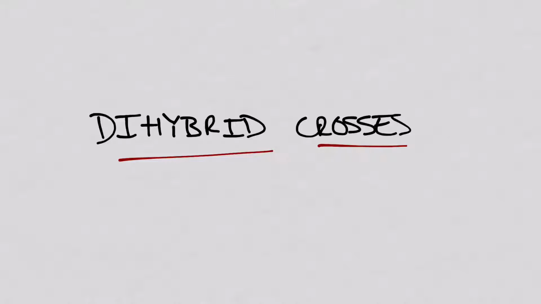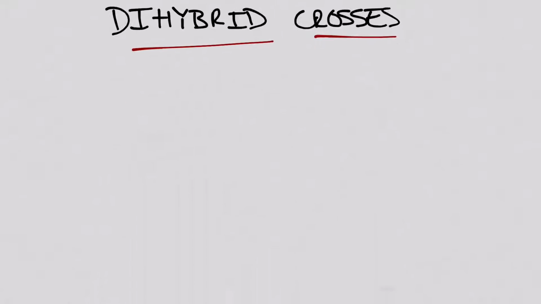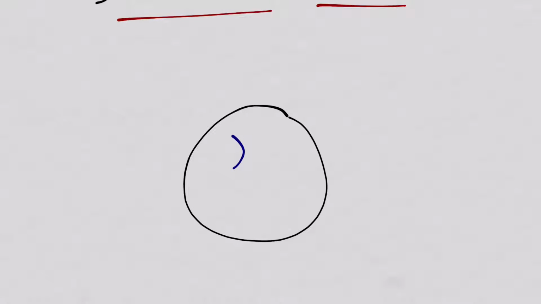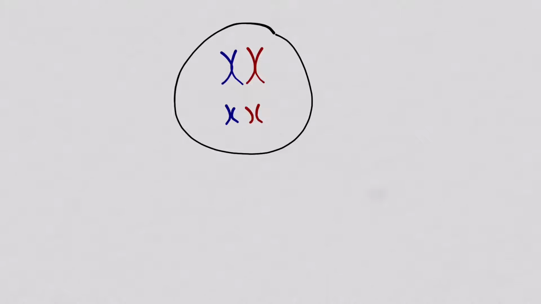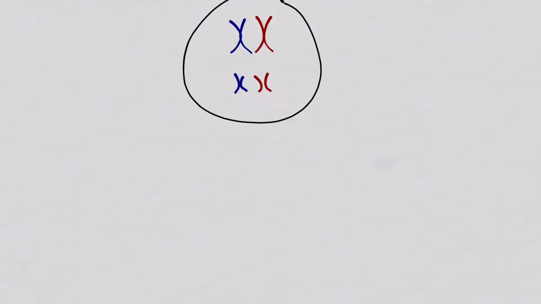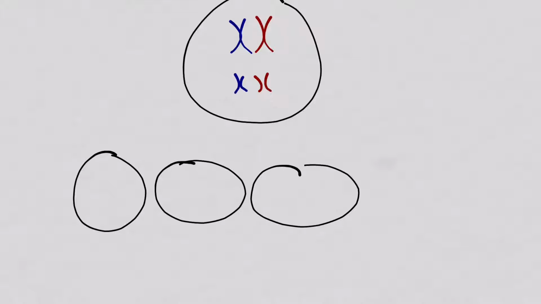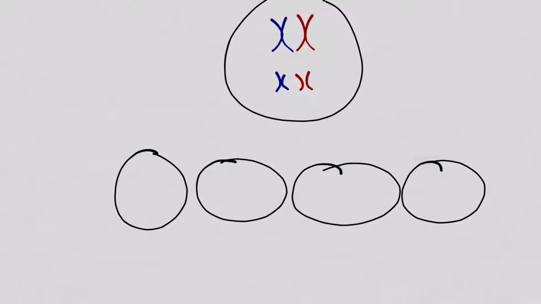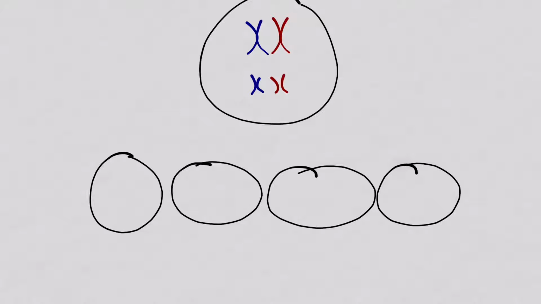In order to discuss this, the first thing that's important to do is go back to talk about independent assortment. If we have one cell here with, let's say, two pairs of homologous chromosomes, the big chromosome and then the small one, each with a pair, you all know, or at least should by this point, that we get, let's say this is a sperm cell, 4 gametes, and that we have a couple different possibilities.